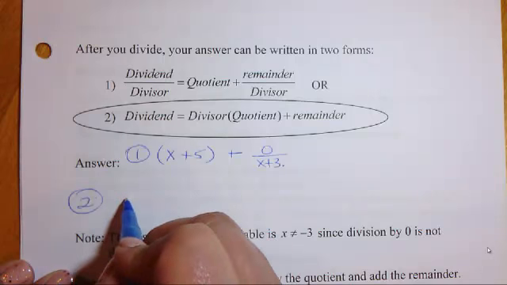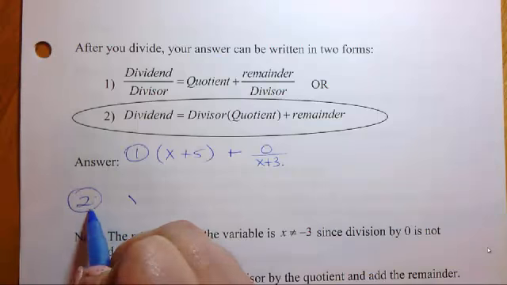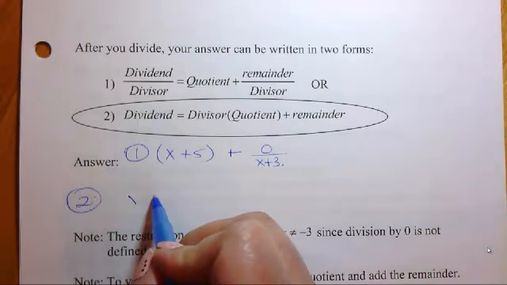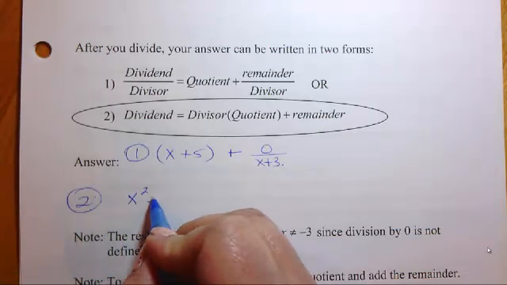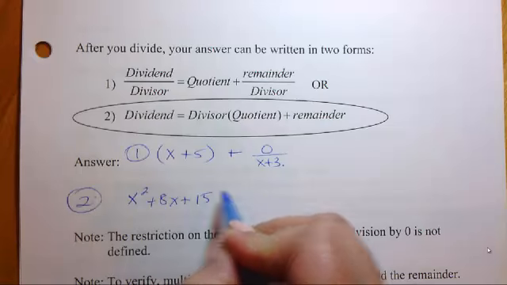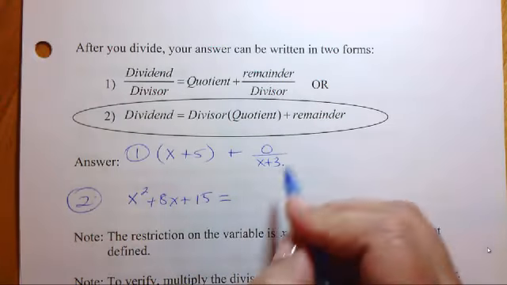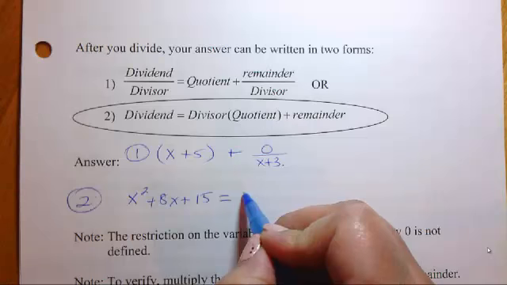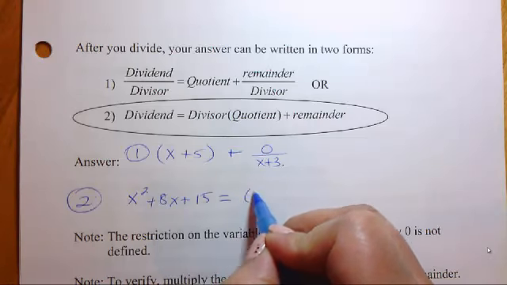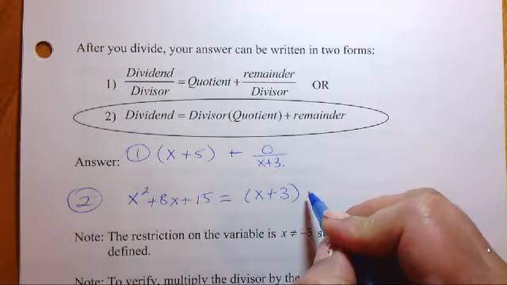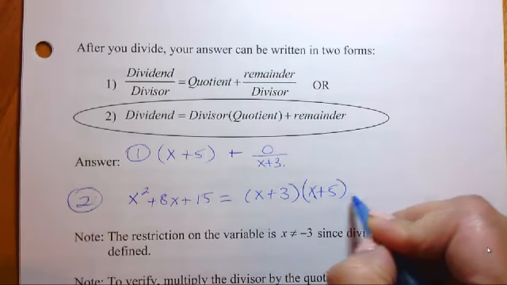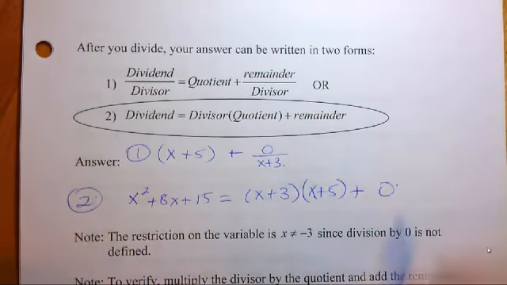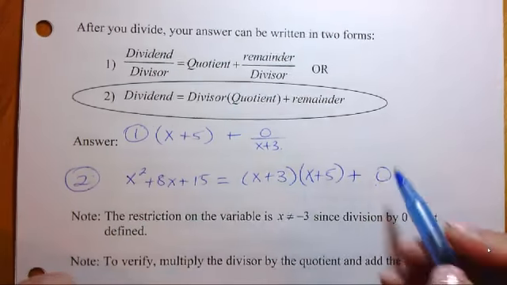The second way is the dividend equals the divisor times the quotient plus the remainder. So x squared plus 8x plus 15 is equal to the divisor, x plus 3, times your quotient, which is the answer that we got, plus our remainder, which in this case is 0.